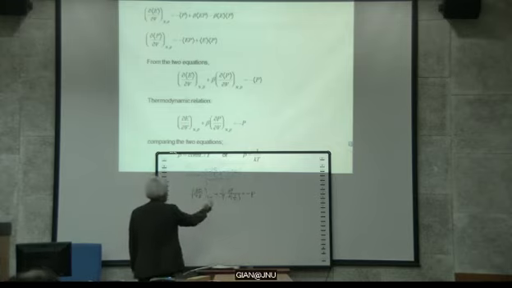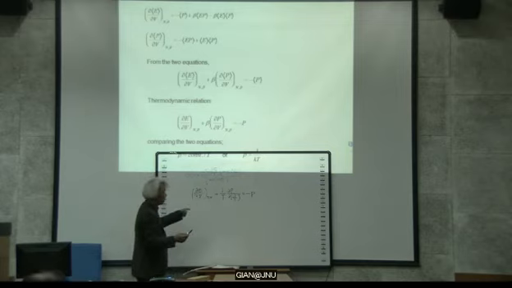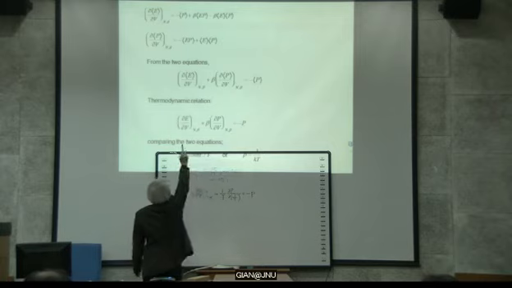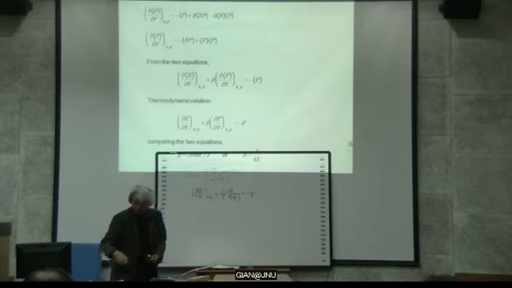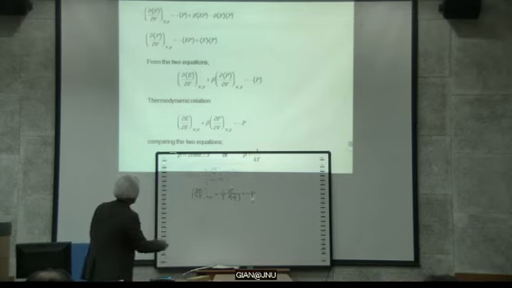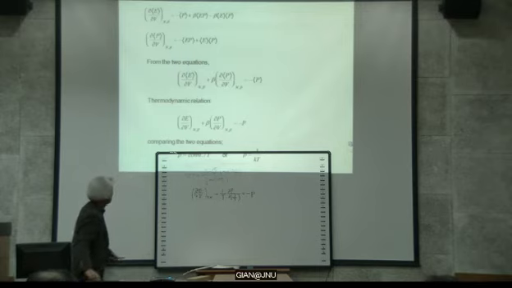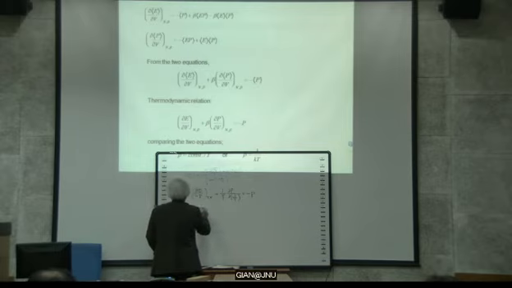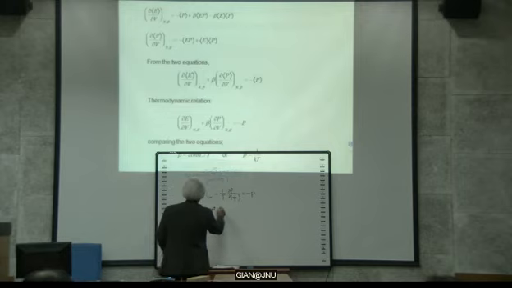This is an equation which can be derived purely in a thermodynamic manner. So you can compare these two equations, this equation and this equation. Then you find beta equals a constant times 1 over T.